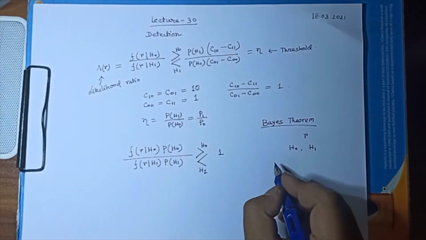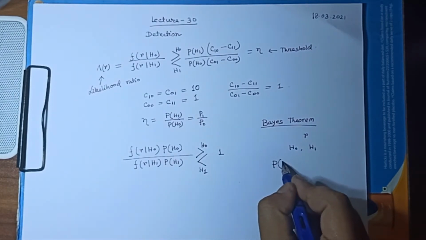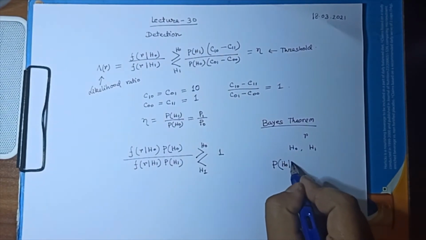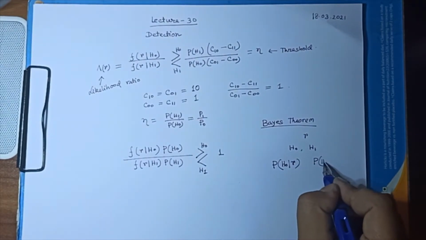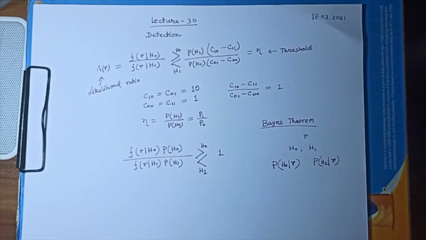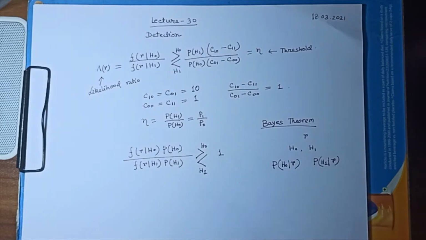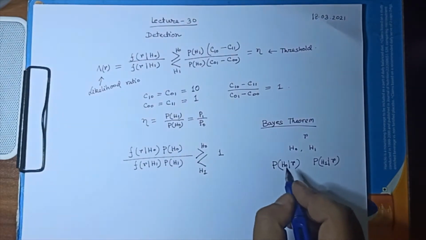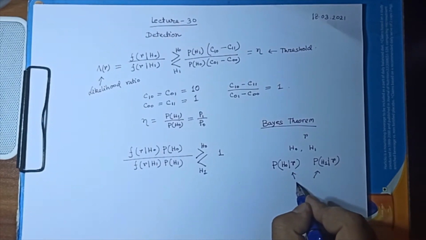So here the posterior probabilities are basically, given R, you have to choose between these probabilities, PH0 given R and PH1 given R. So I will show that the approach I have taken is indeed the Bayes theorem approach, and indeed you are basically maximizing the posterior probability. So these are called the a posteriori probability or posterior probability.